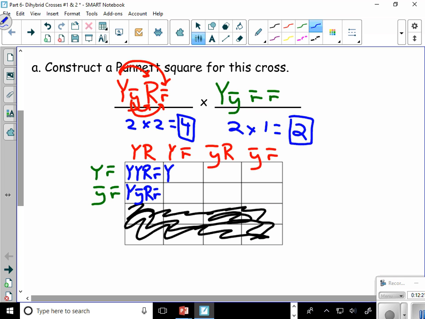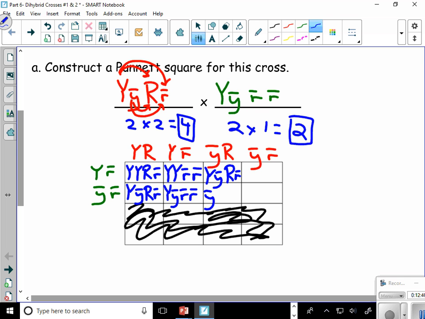Capital Y, lowercase y, lowercase r, lowercase r. Capital Y, lowercase y, capital R, lowercase r. Capital Y, lowercase y, capital R, lowercase r.